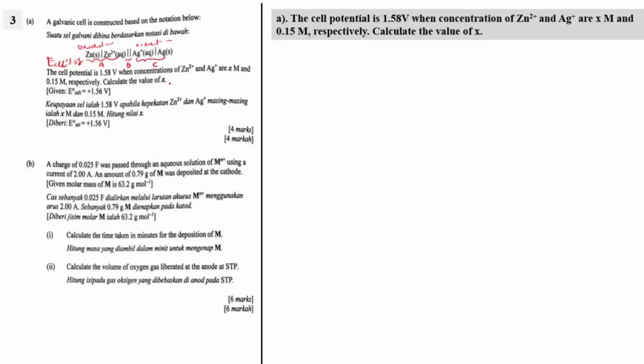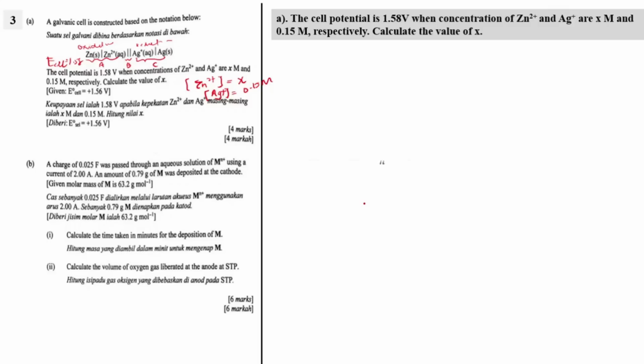So calculate the value of X. Our zinc 2 plus concentration has an unknown X. Meanwhile, our Ag plus will have the concentration of 0.15 molar. Okay, and it was given the standard cell potential to be positive 1.56 volt. So from here, we can make the Nernst equation in order for us to figure out the concentration of X.